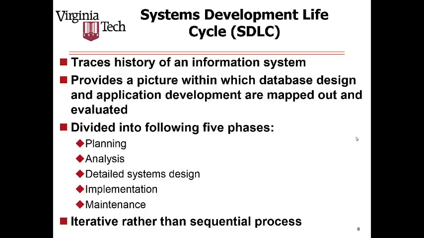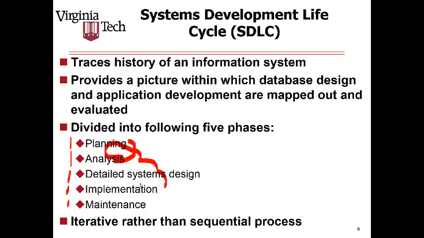Here's sort of a summary of the systems development life cycle. It consists of 5 phases: planning, analysis, detailed systems design, implementation, and maintenance. And it's not really perfectly sequential like it seems, because every now and then you might have to circle back around on one of these things.